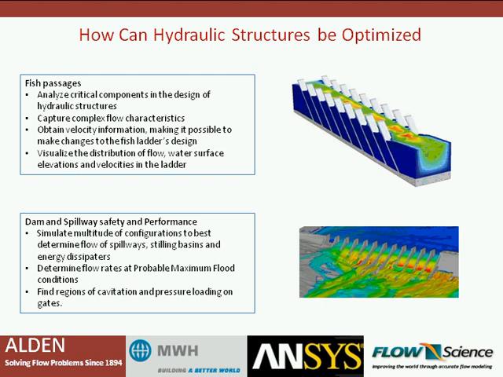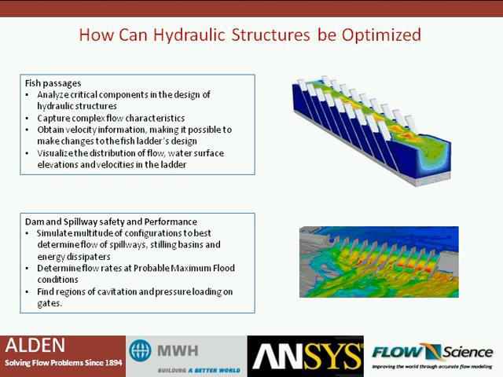So how can hydraulic structures be optimized? Well, here are a couple examples. For instance, with fish passages, you could analyze critical components in the design of hydraulic structures, such as your overall fluid free surface profile, fluid depths. You can look at velocities throughout the depth and find out if they're reasonable enough for the fish to actually navigate the ladder.